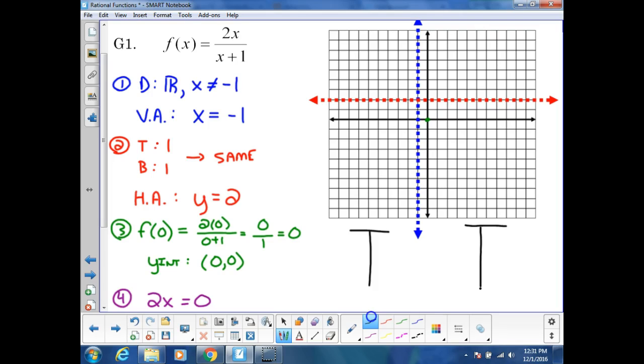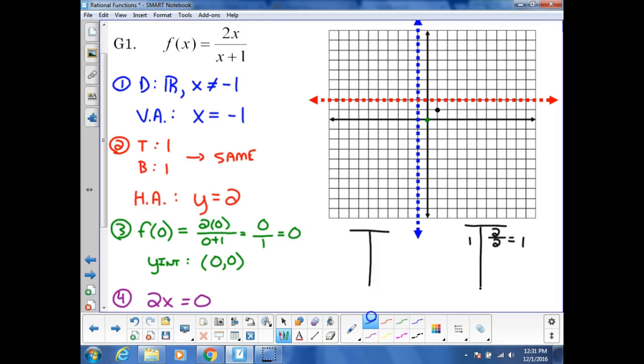Now currently, on the right zone, I already have a point at the origin. So I've already got one over there, so I only need 2 more. So let's deal with that side first. I would pick 1 as the next point to try. If I put 1 in for x into my function, I get 2 over 2, which is 1.